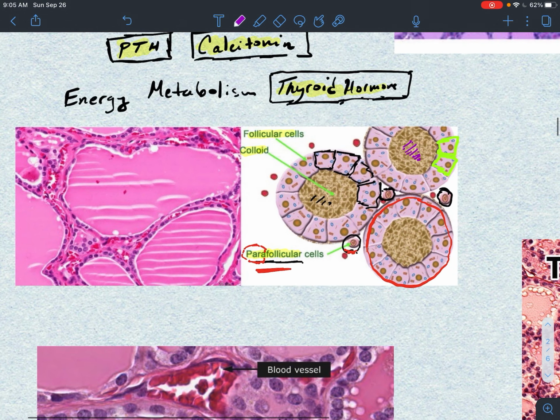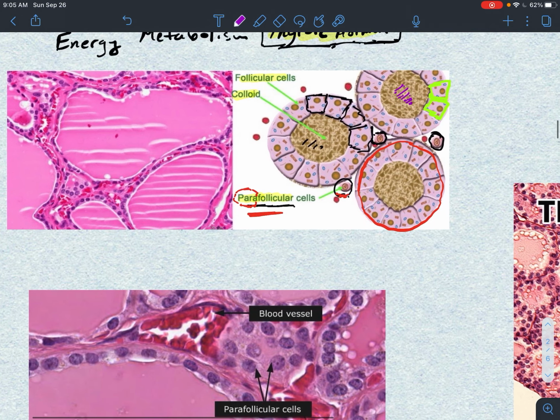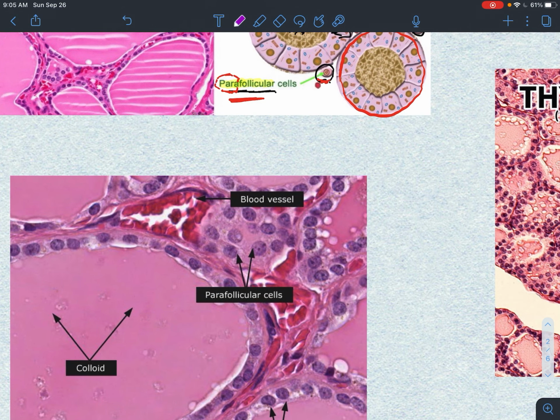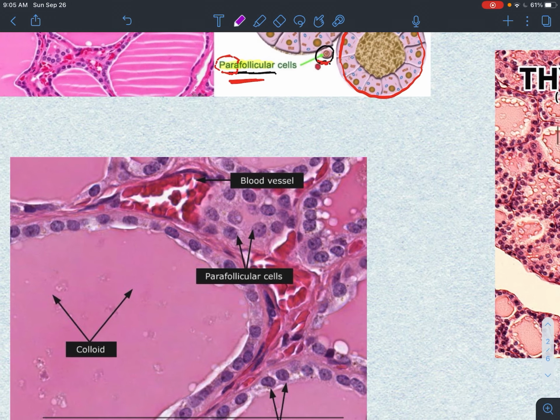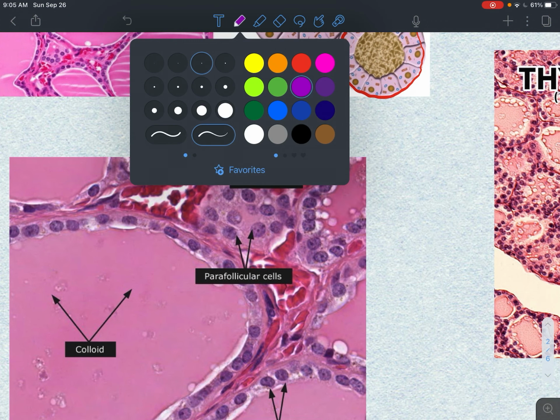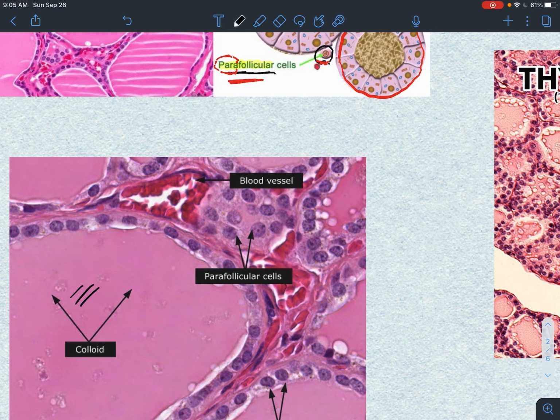And so let's look at the histological slide, right? Let's see if we can see some of this. First, let's go ahead and look at this zoomed in view because it's pointed out to us so we can really see this. So here we've got the colloid being depicted to us, right? We've got the colloid right here.